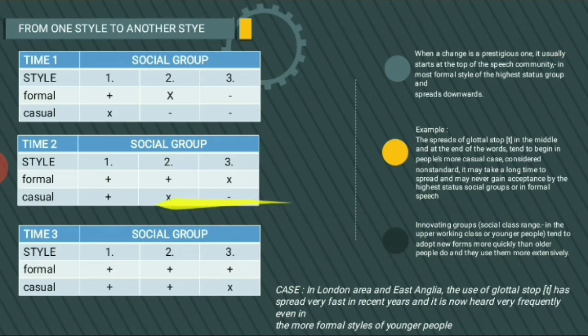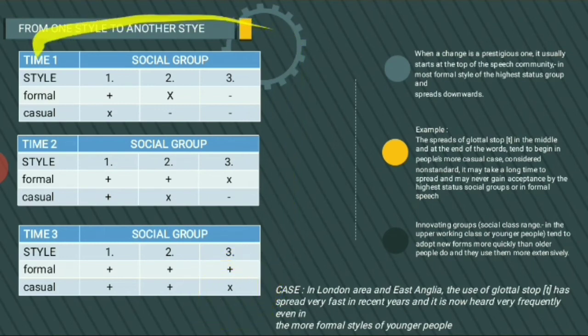And then in the third time, when time changes, all of the groups have the formal style of language, while in the casual, the third group only uses it in certain situations.